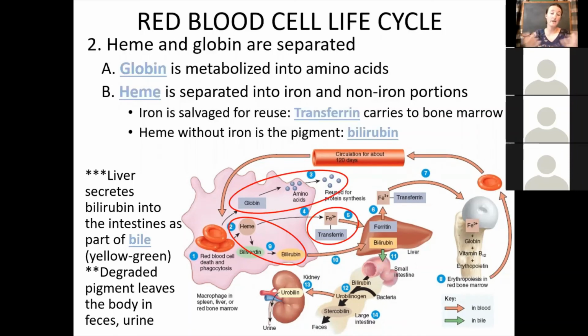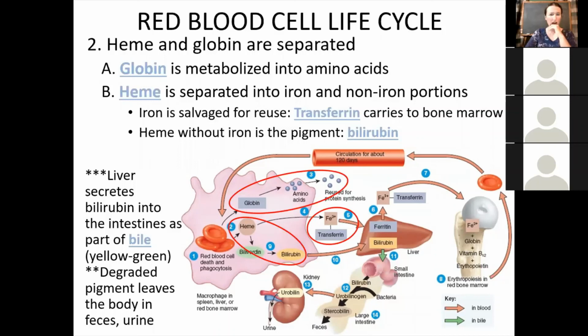So if you eat a hamburger, all of that fat in that meat can only be absorbed into your body if we have bile. And bile contains bilirubin, and that's what gives bile its yellowish green pigment. Some of the bile actually goes out in the feces because of this process.